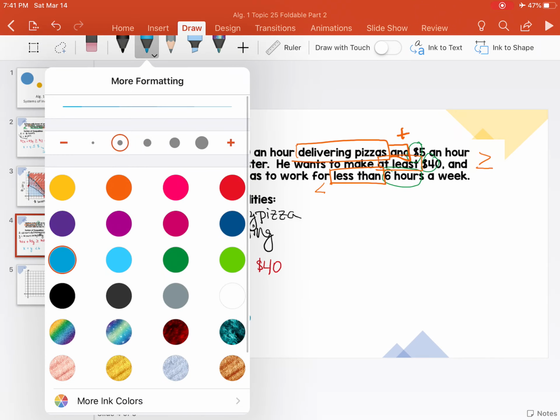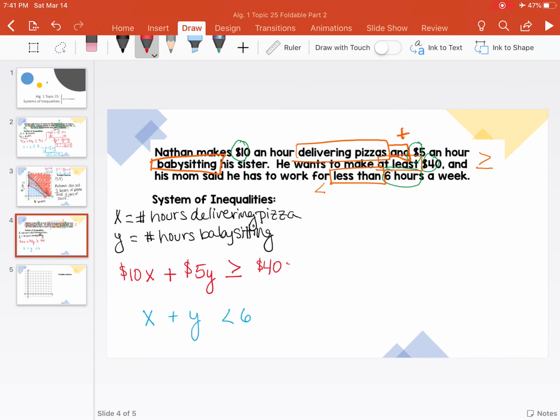So I'm going to rewrite my first inequality up over here, and we can solve for slope-intercept form. So here we have 10x plus 5y is greater than or equal to 40. Now, in order to solve for our y variable, we need to move everything that is on that side that is not y away from it.